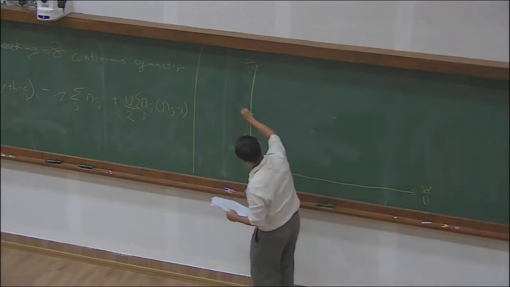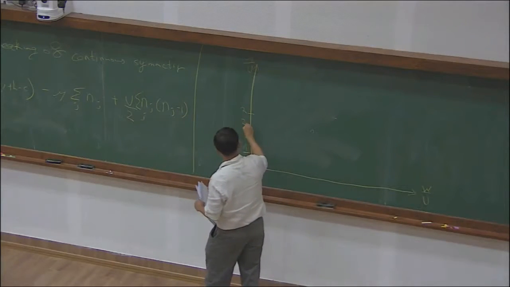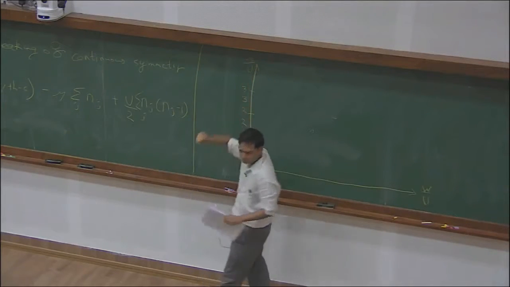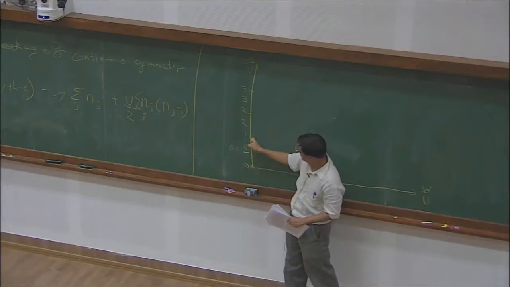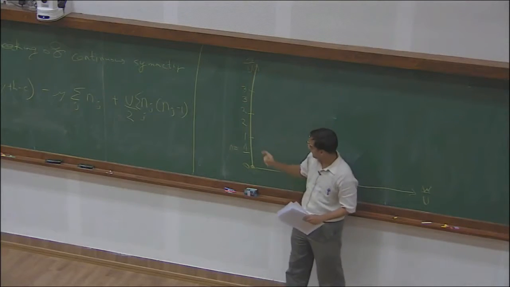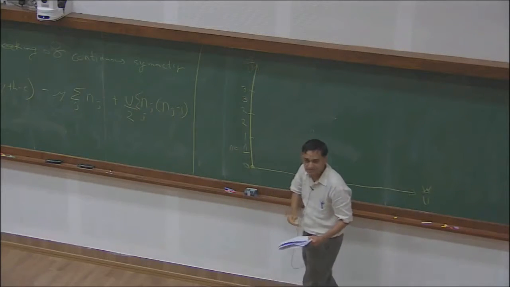Very good, another integer. So now you see I was wise in choosing conventions. 2, 3, and so on. So there's a change in the preferred number of particles, right? That happens at these transition points.